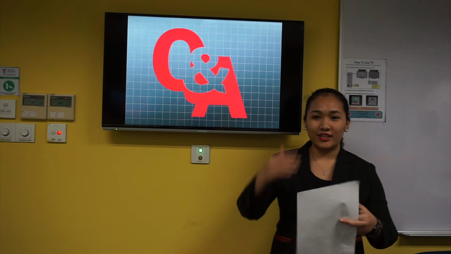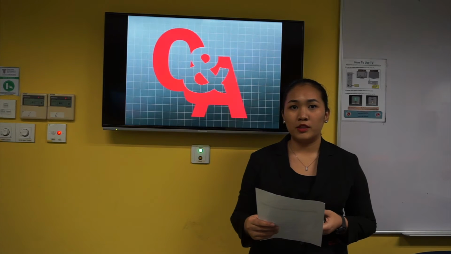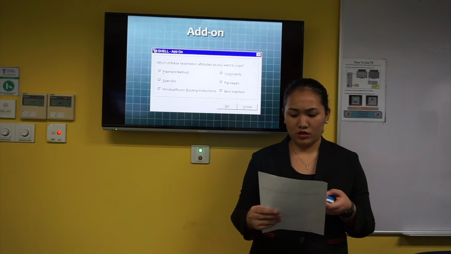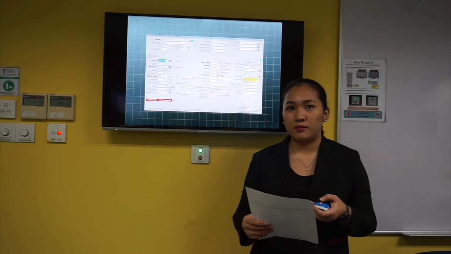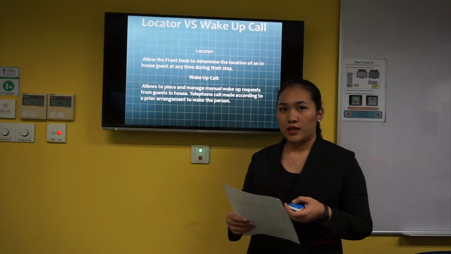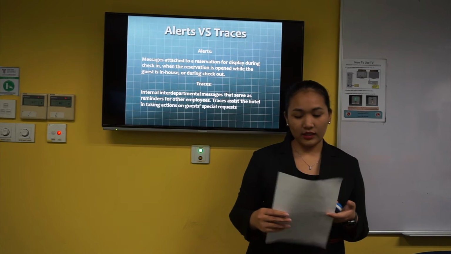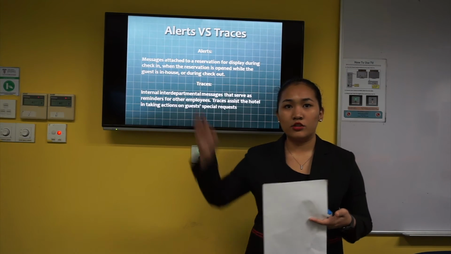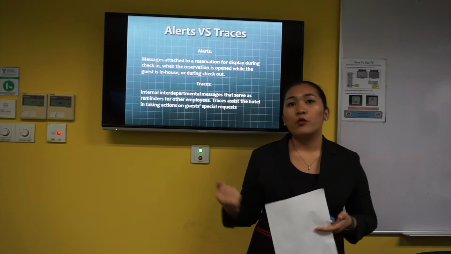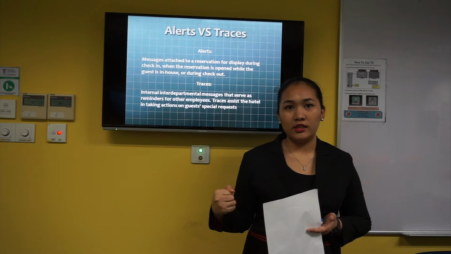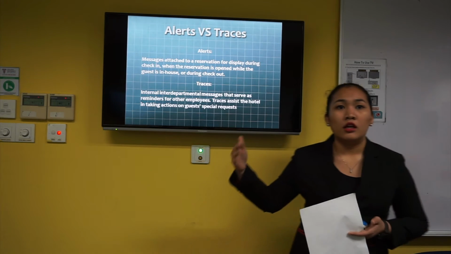Okay, as I told you before, I already mentioned that the difference between alerts and traces. Let me see from the first slide. This one, right? The meaning of it is a message attached to a reservation for display during check-in, when the reservation is open while the guest is in the house, or during check-out.